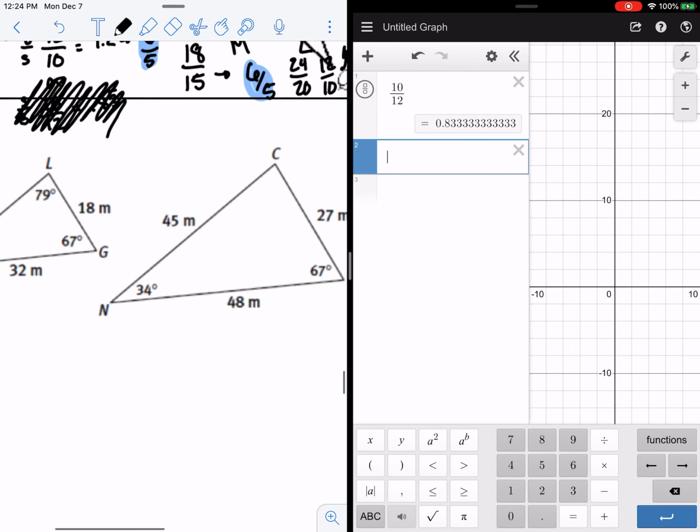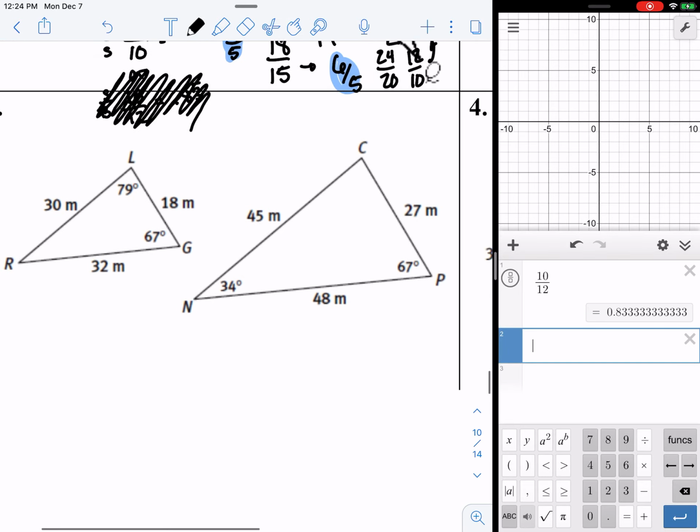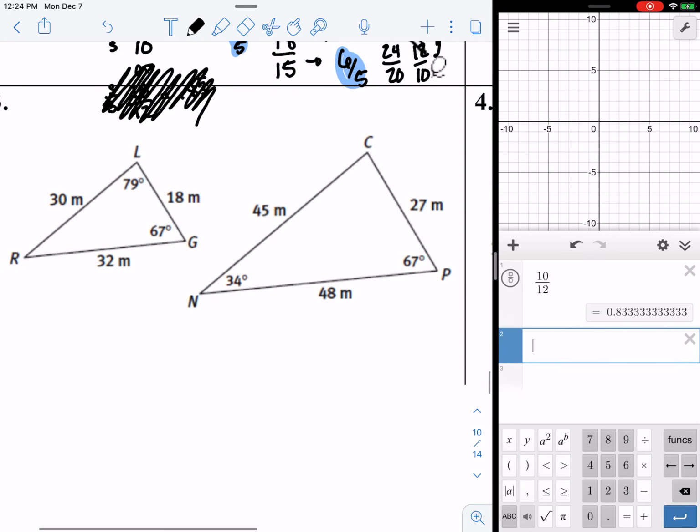Over here, the first thing I want to do is, again, it doesn't matter which triangle you start with, look at the side lengths: 30, 18, 32. 18 is small, 30 is medium, 32 is large. 45, 27, 48: 27 is my small side, 45 is my medium, 48 is my large.